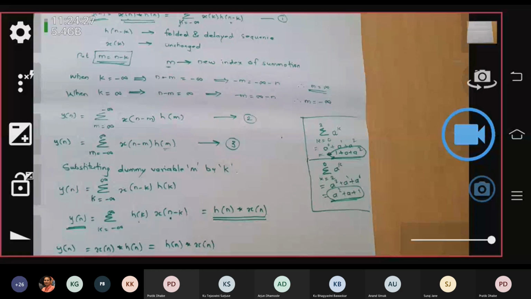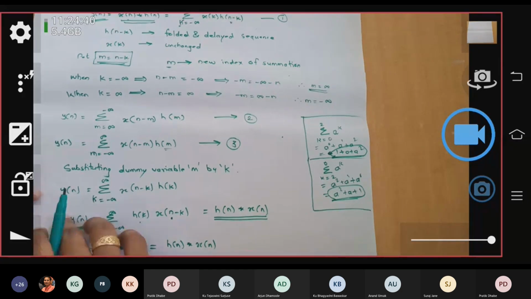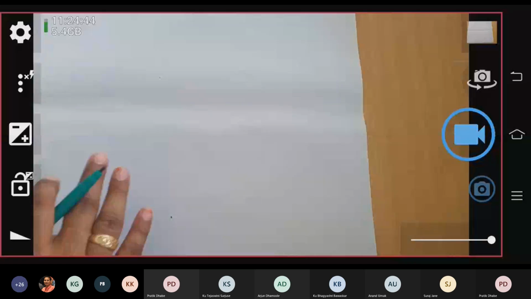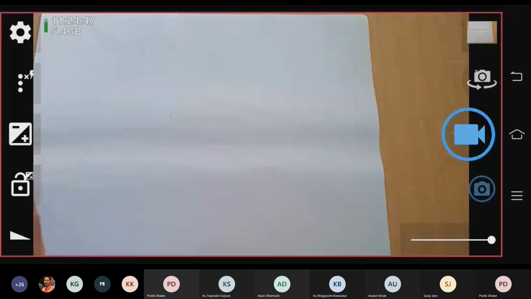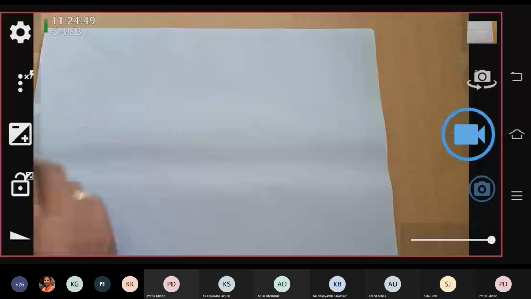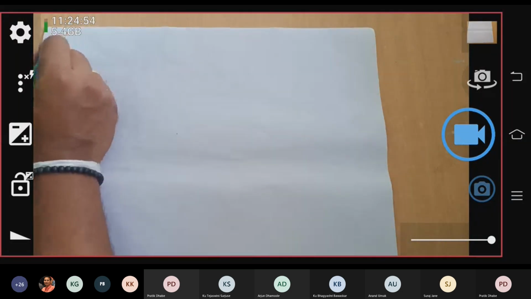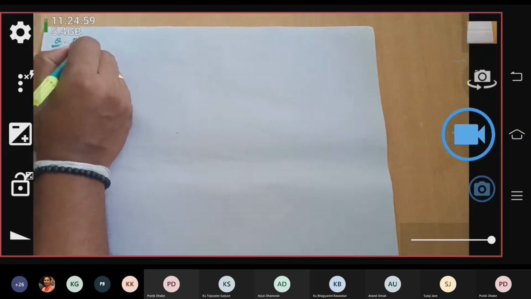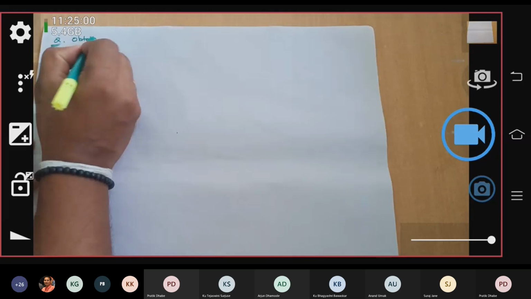Okay, now we shall solve some numericals on this. Obtain the linear convolution of two discrete time signals.